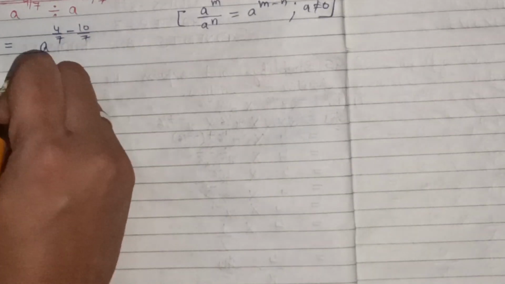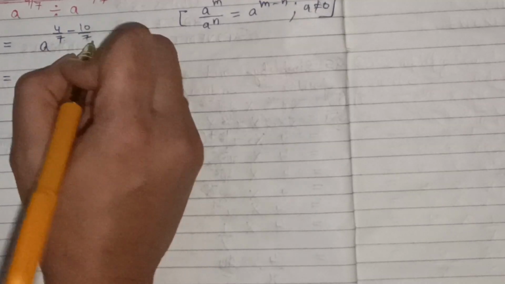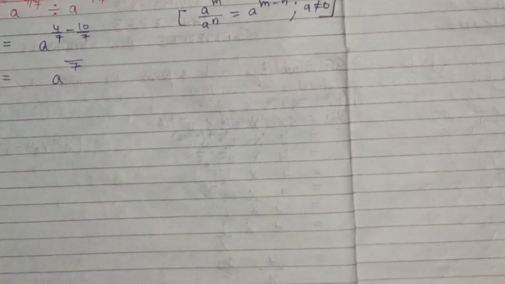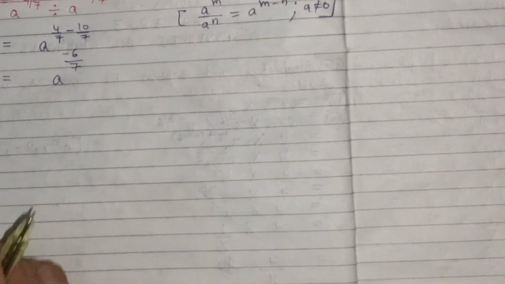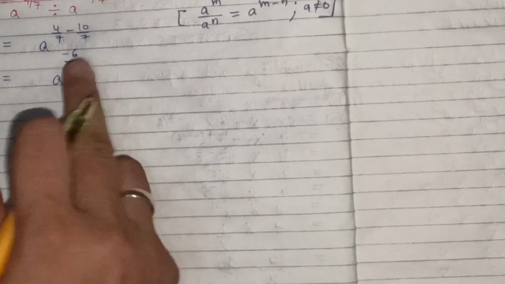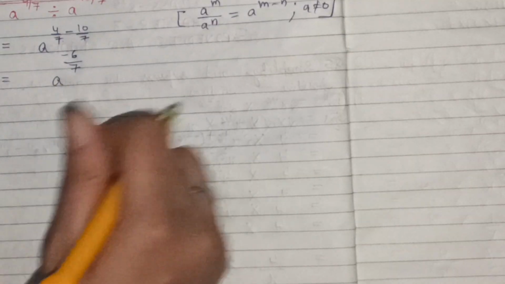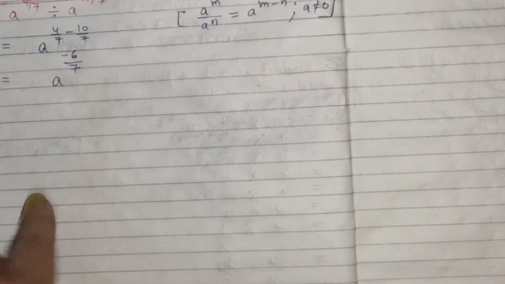here, which is equal to a raised to power, in the denominator 7, both same. 4 minus 10 is equal to minus 6. a raised to power minus 6 upon 7. This is a negative exponent. Now change this one into the positive exponent.